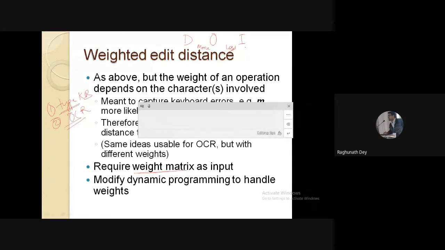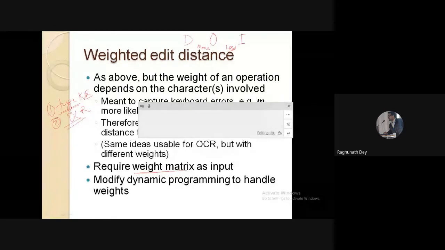Look at your laptop keyboard: the distance between D and O is very high. So it is very low probability of typing O instead of D, or D instead of O, because your finger will never jump from D to O. O is very far away from D, and D is very far away from O. So when typing through the keyboard, the distance between D and O is more, whereas the letters O and I are very close.